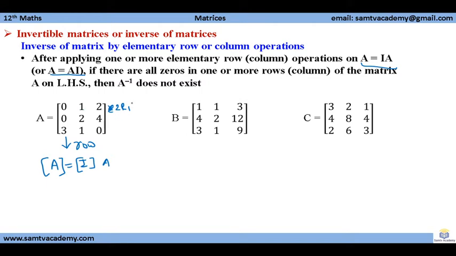Then if you subtract 2R1 from R2, this row will become 0. So if one or more rows are becoming 0, then there is no need to do further. Here we can conclude that A inverse does not exist.